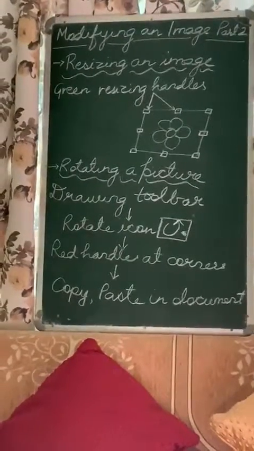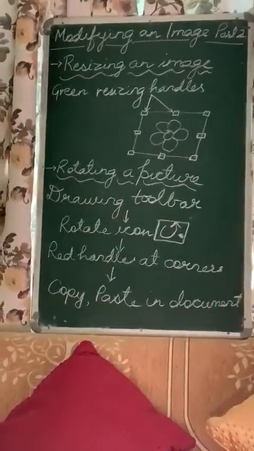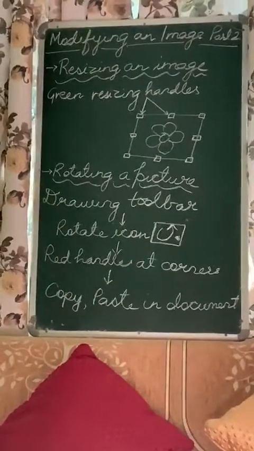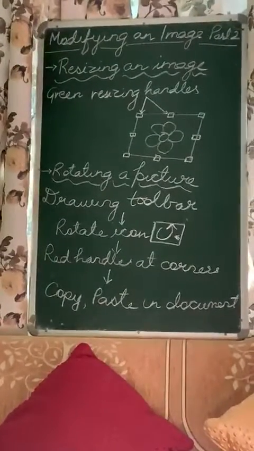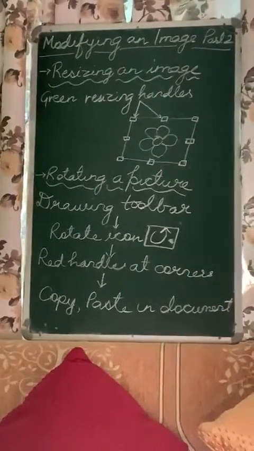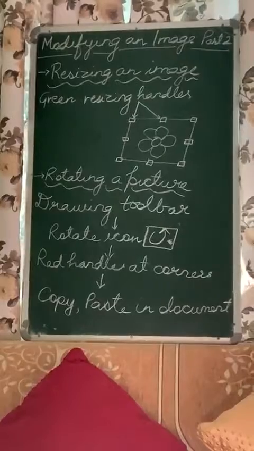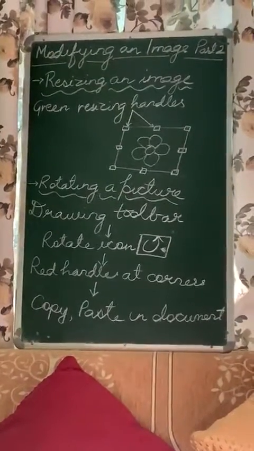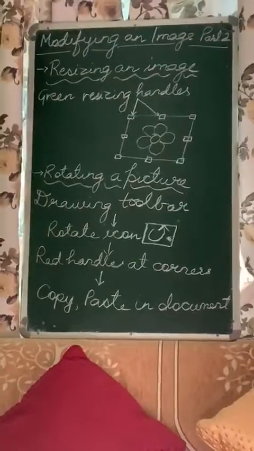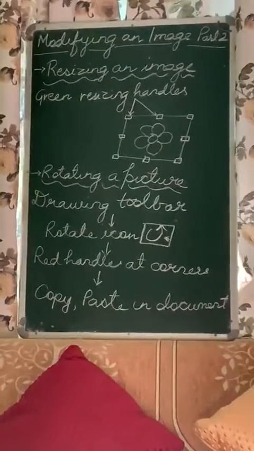Now to resize the image, click the picture to show the green resizing handles. Handles means, suppose I show you the picture of a flower, and when you click on it, you will be able to see on its four sides these green resizing handles. Now position the pointer over one of these green resizing handles.